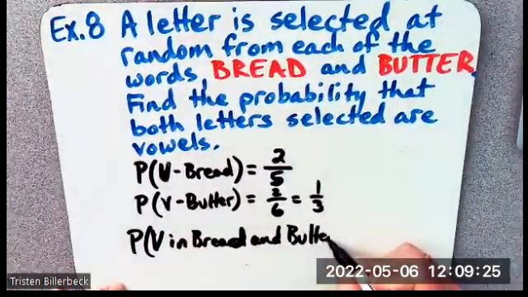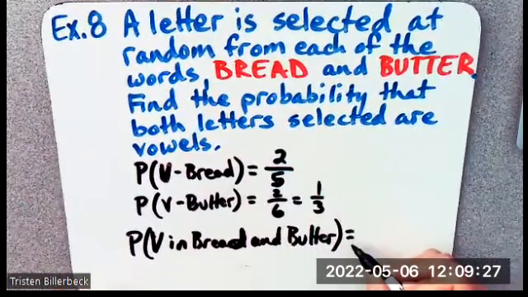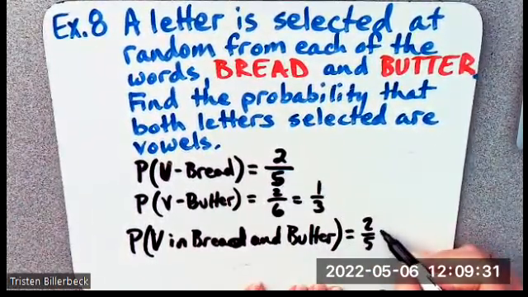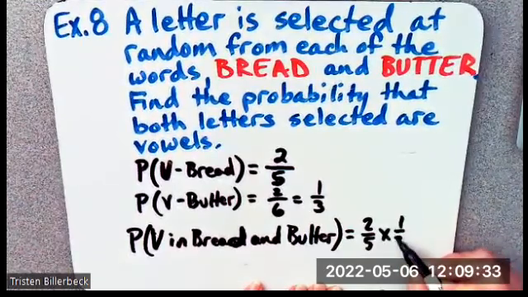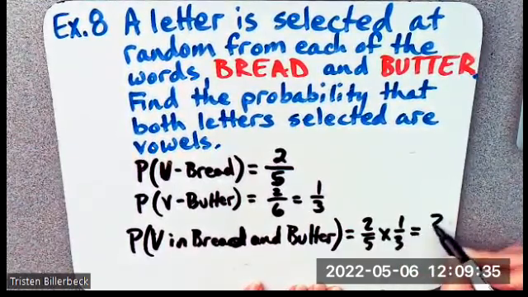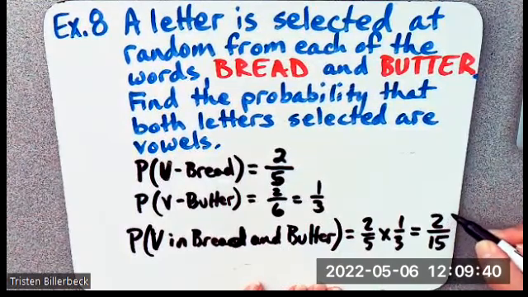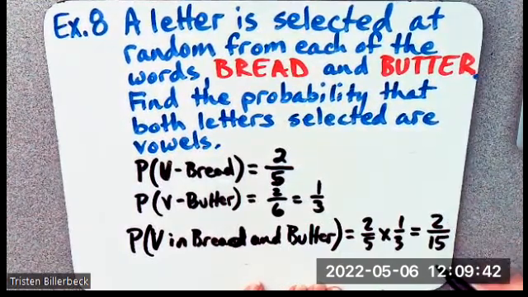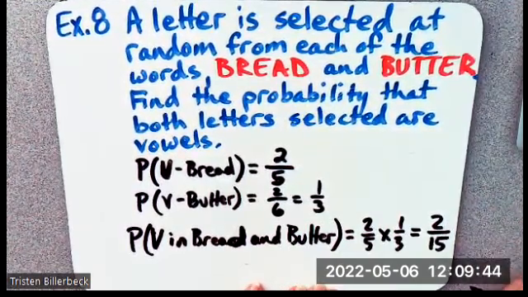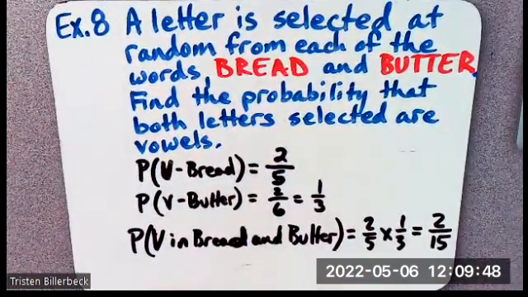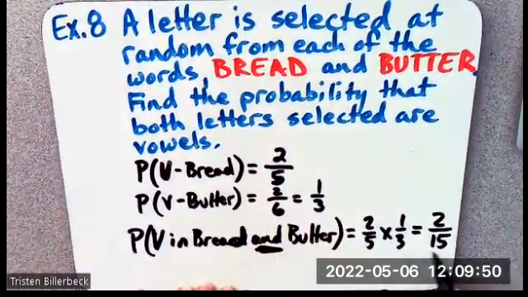So we're going to multiply those. So we have 2/5 times 1/3. So that gives us 2 out of 15, 2 occurrences out of 15 opportunities. Okay, so that's what that means. When we have an and here, we multiply.